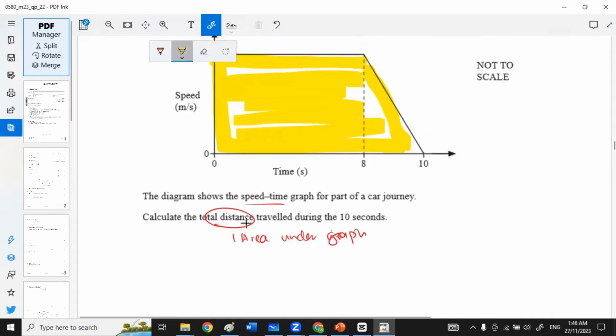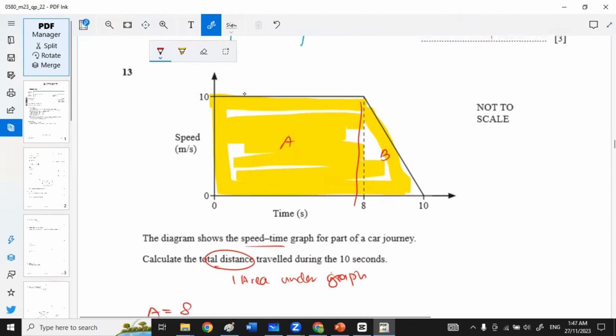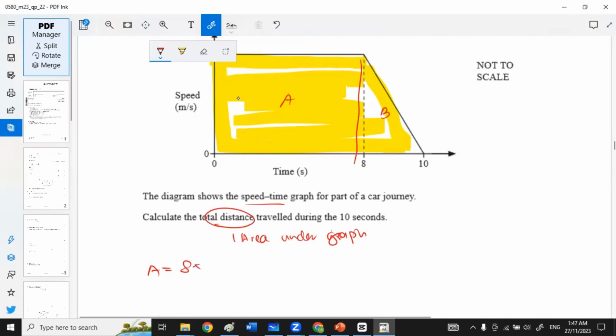Calculate this. If you can remember the trapezium, it will be easier. But if you cannot, then you just split it into 2. A and B are split here. So A is equal to 8 times 10, that equals 80.